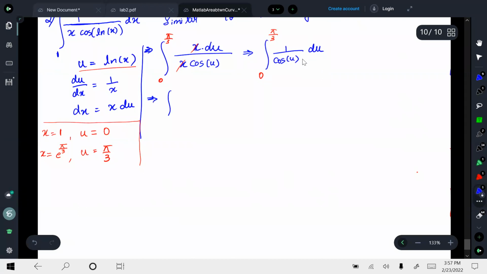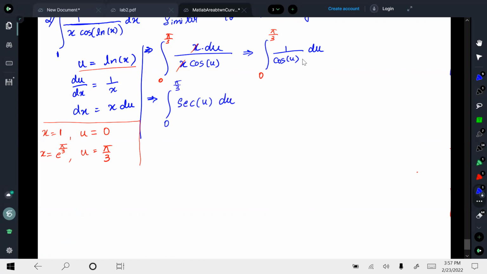So the next step is integration of 1 over cos of u. We don't have any standard formula for that, right? So what can we do? We can convert that to secant of u because that's a reciprocal. So this is from 0 to pi by 3.